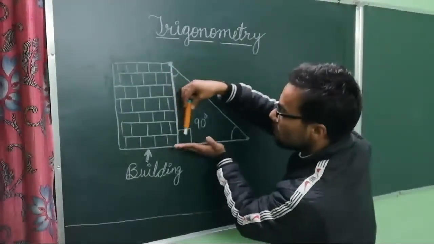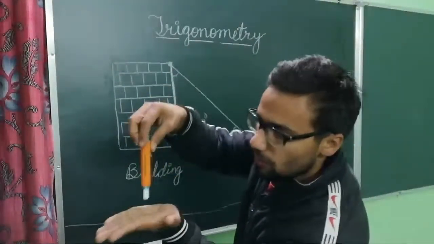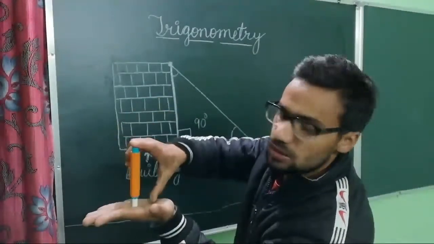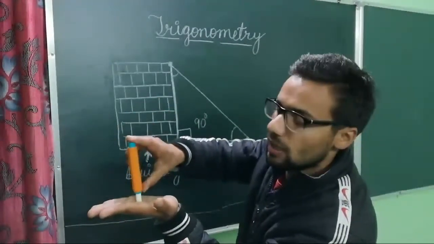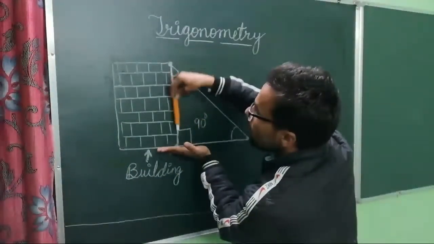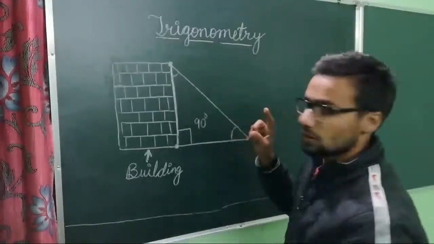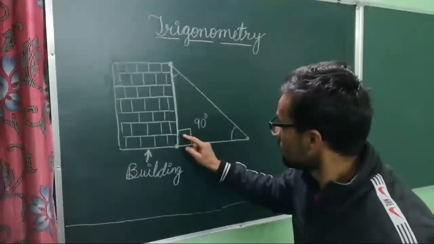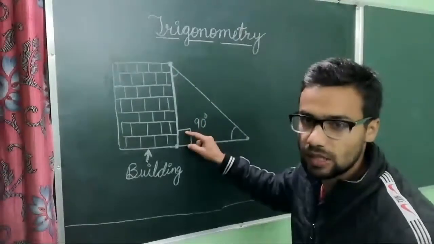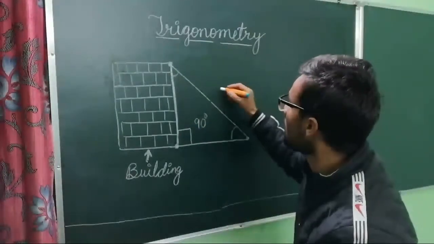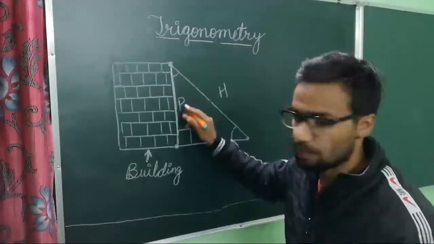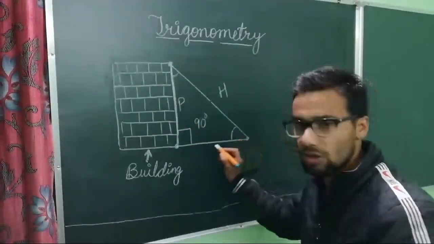Why is it perpendicular? Because this is your base and this line makes exactly a 90 degree angle. Keep in mind the side in front of, or opposite to, the right angle is always called the hypotenuse. I write H here, and this side is called perpendicular and this side is called base.